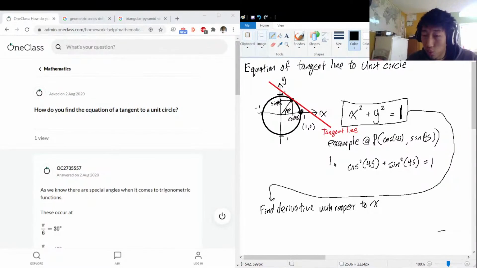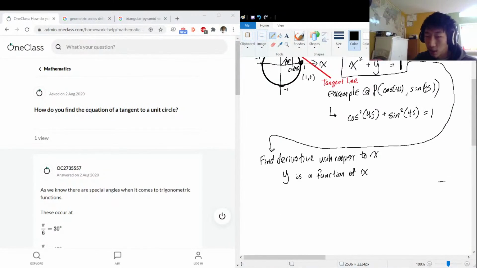And before we do that, we need to consider that y is a function of x. Meaning that when we take the derivative with respect to x of y, if we just take y by itself, we're also going to need to use the chain rule, because y is a function of x.